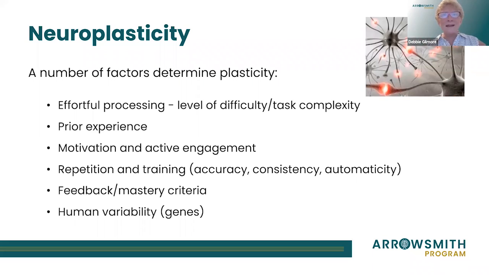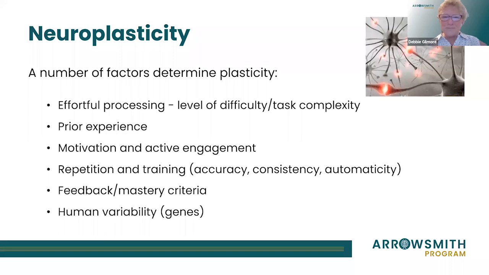So that's really important. And of course, there is an element of receiving feedback in a task that is important as well. And something that we probably have less control over, and that is actually our human variability. We all have a different propensity to neuroplasticity.